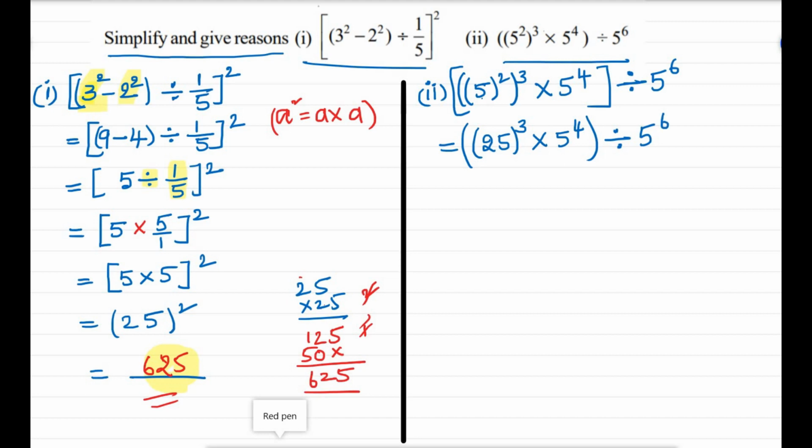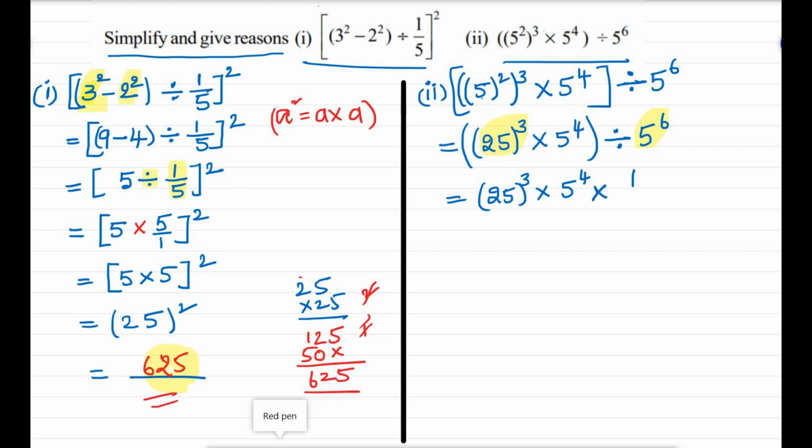I'm not going to simplify this 5 power 6. I'll just keep 5 power 6 as it is till the end. Now see 25 power 3. 25 is being multiplied 3 times. Otherwise, I simplify in another way, that I just keep it as it is. 25 whole power 3 remains the same, and 5 power 4 remains the same. This division symbol is replaced with into.